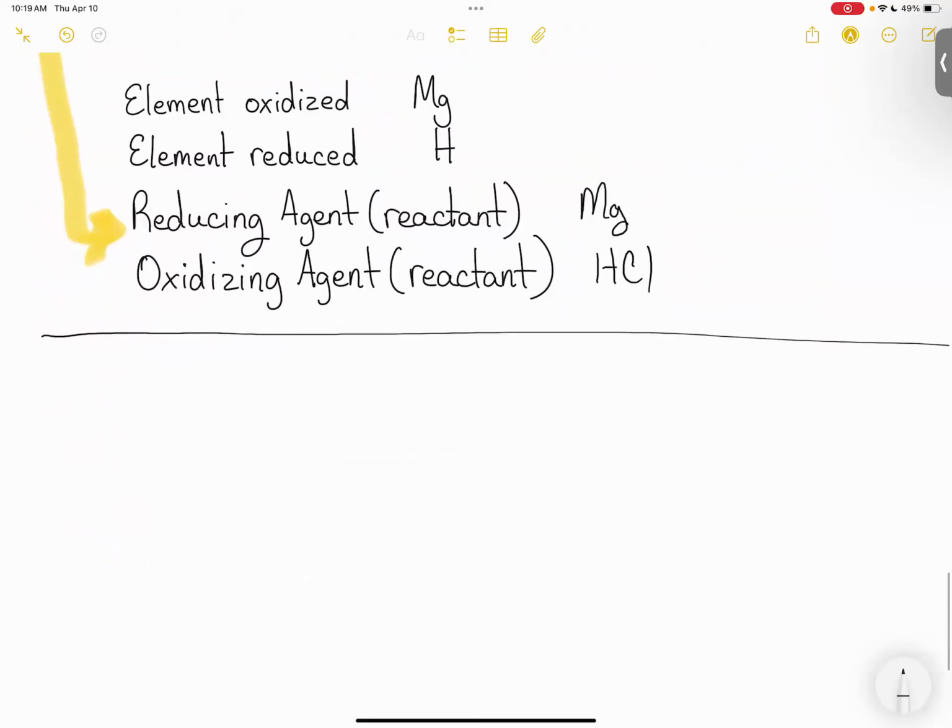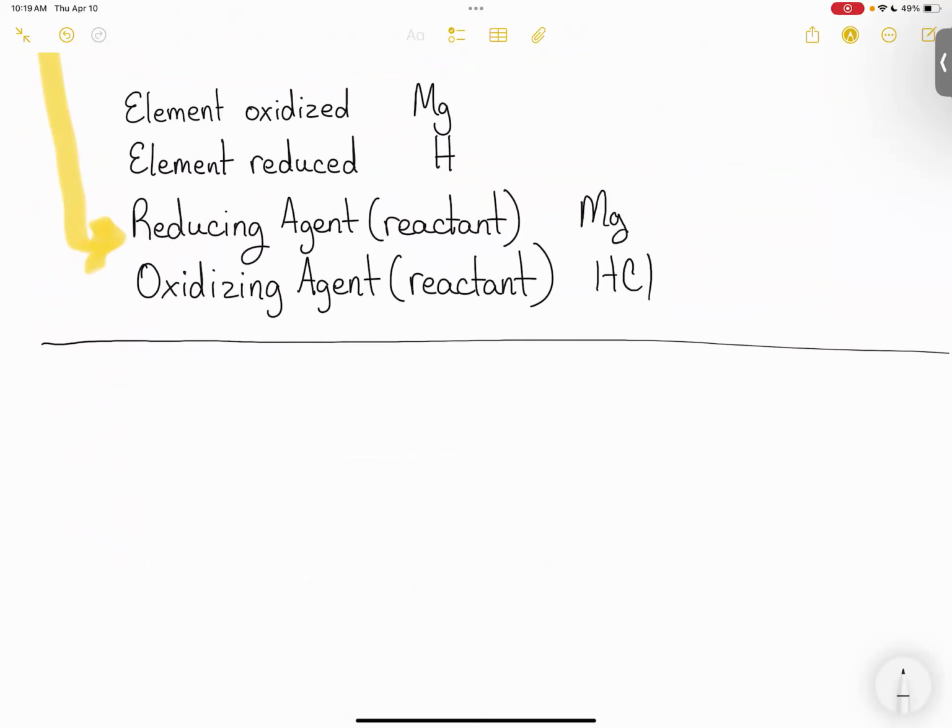Let's look at another example. One of the reactions that you did was iron. That was iron mesh, so it was a solid. And that was reacted with copper 2 sulfate. That was an aqueous blue solution.